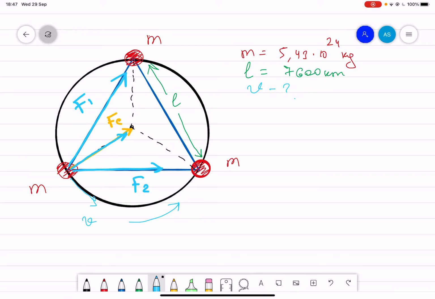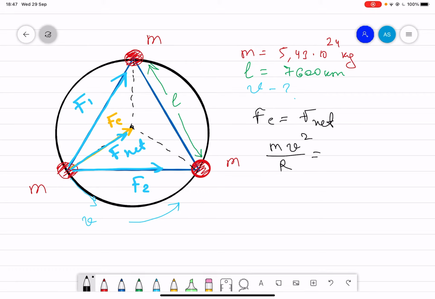So that means the combination of two forces should be F net. Okay, this is the condition. So that means F centripetal has to be equal to the F net force due to F1 and F2. F centripetal is very easy, which is equal to the mass times velocity squared divided by the radius. Now the F net is a combination of F1 and F2.